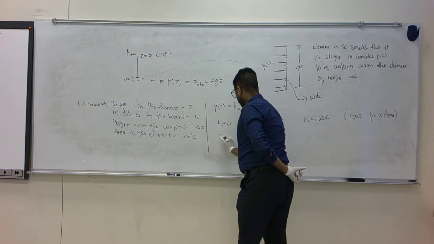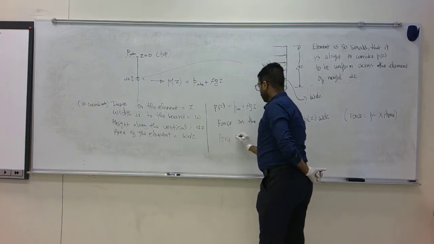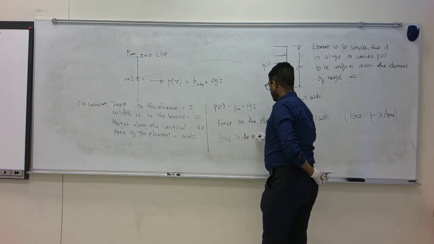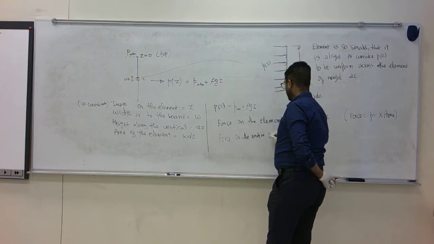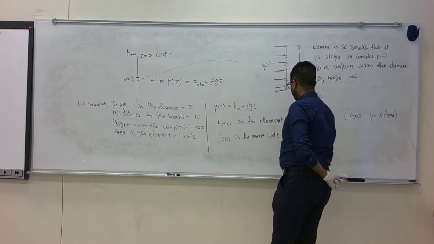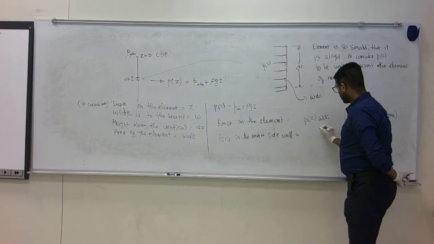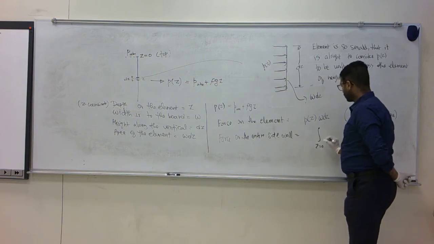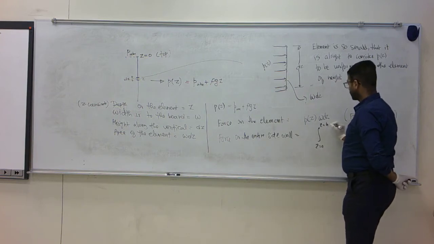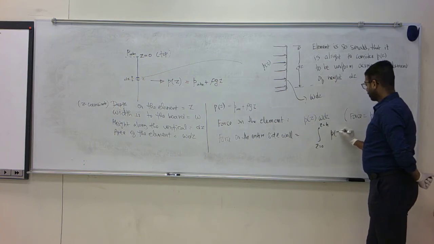So if I want the force on the entire side wall, I would write that this is integrated from z equals 0 to z equals h, P of z w dz.